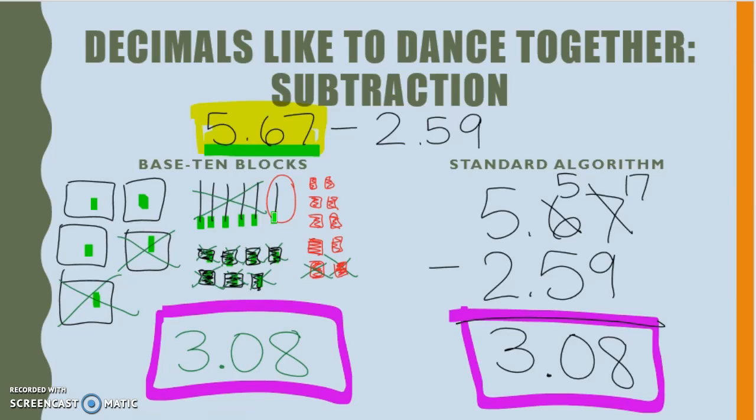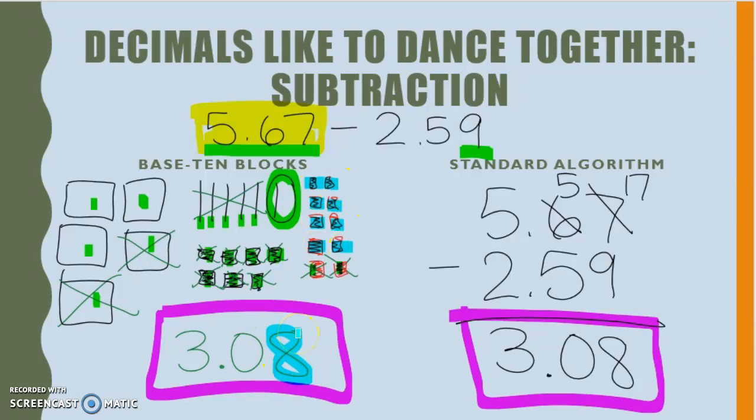Then in red, because I knew I couldn't subtract 9, I had to regroup. So I regrouped this 10 into 10 red hundredths. And then I was able to subtract 1, 2, 3, 4, 5, 6, 7, 8, 9. I was able to subtract 9. And then how many do I have left? 1, 2, 3, 4, 5, 6, 7, 8.